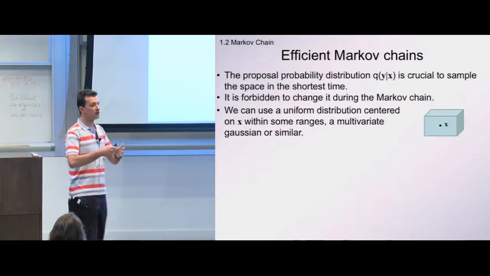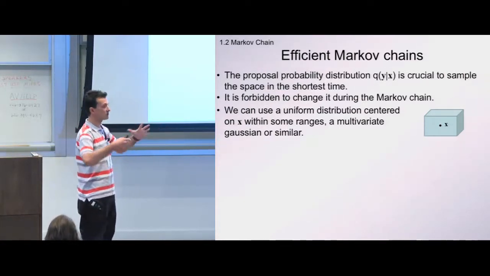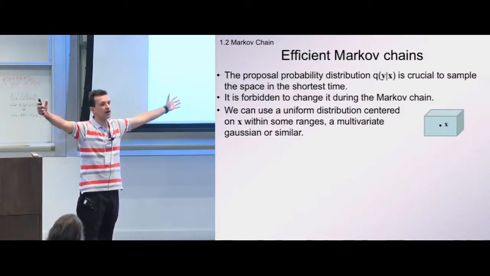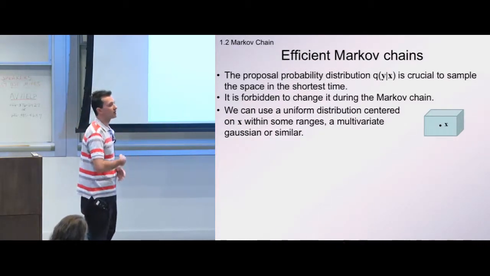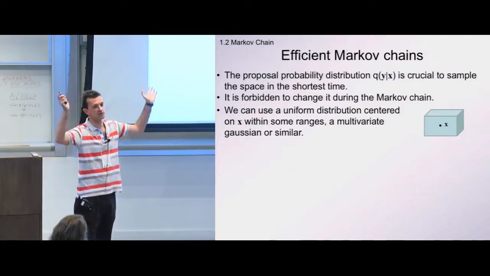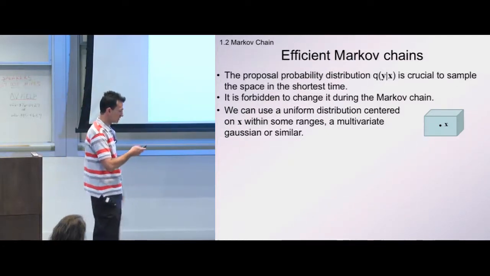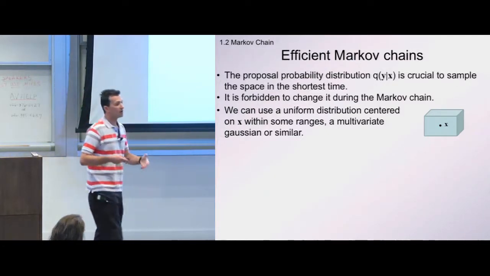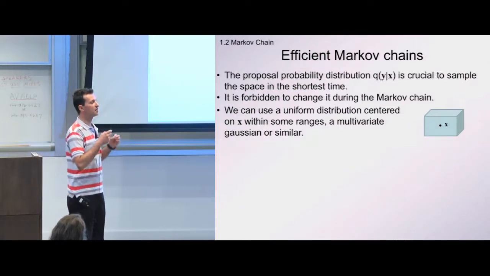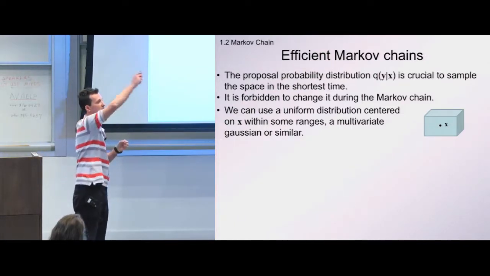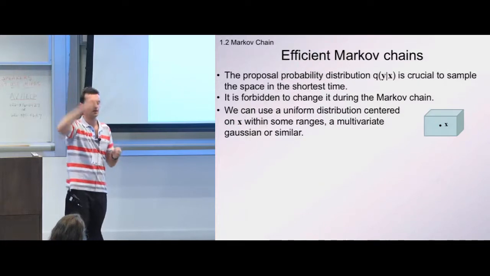Because if your proposal is too far from your point, then probably you are going into a region that is completely excluded, a region which is very unlikely. So your Markov chain will never accept new candidates because your candidates will be too far away.